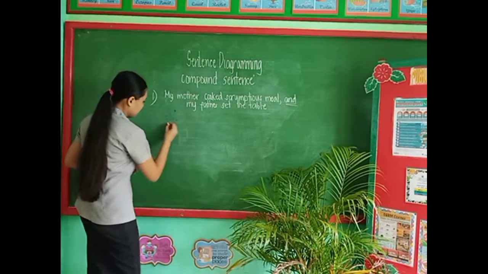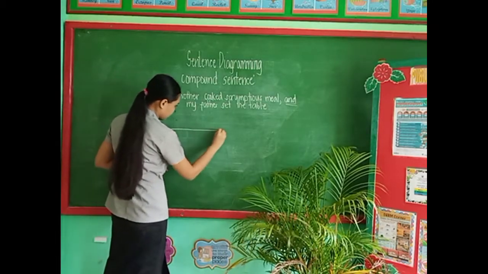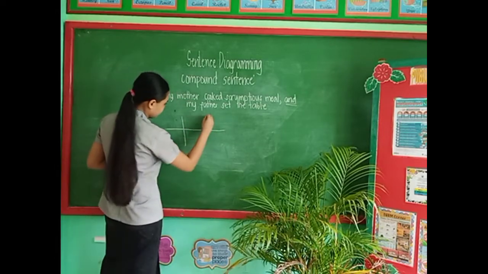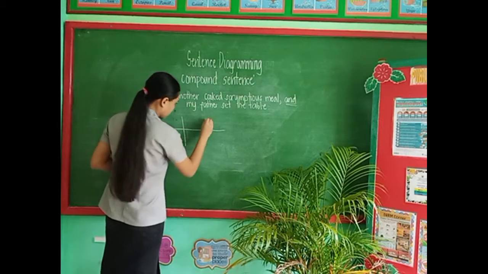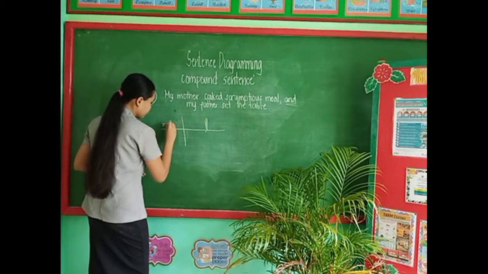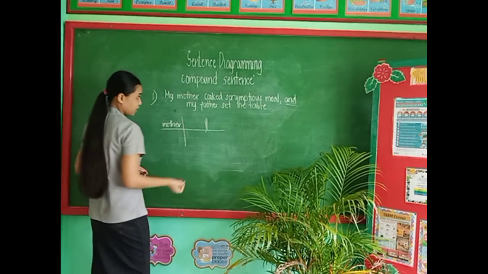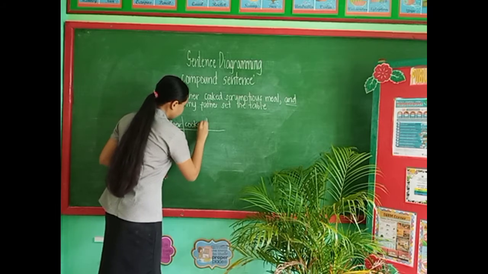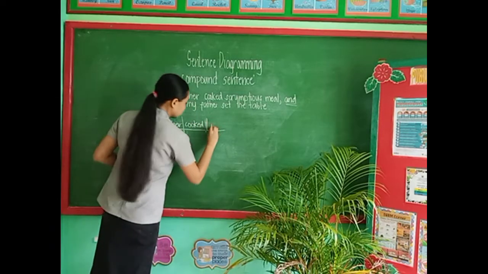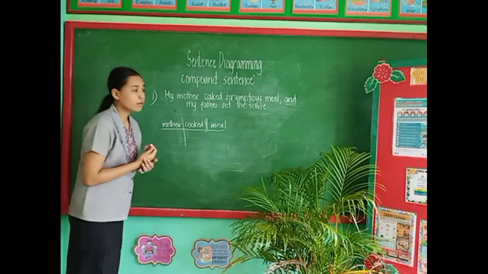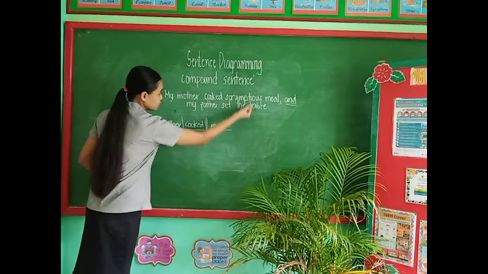So how are we going to diagram this kind of sentence? Draw a horizontal line here. Here will be mother, because mother is our subject. Cooks, our verb, and meal here. So, where are we going to put the word scrumptious?